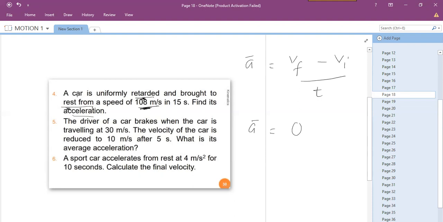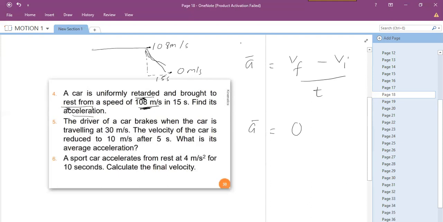It says a car is uniformly retarded, so this is how the graph looks. Let me draw the slope like so. The initial velocity before it started retarding was 108 meters per second, the final time is 15 seconds, and the final velocity that it reached is 0 meters per second. They're telling us to find this slope, to find the retardation.